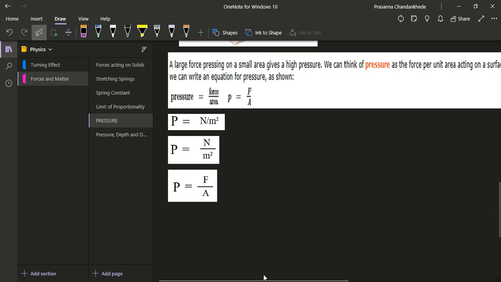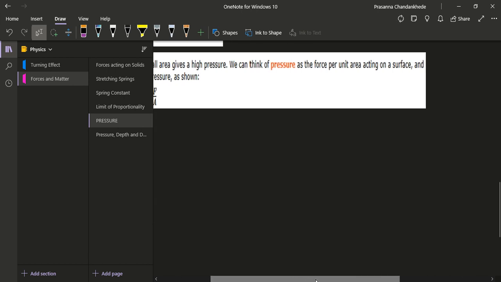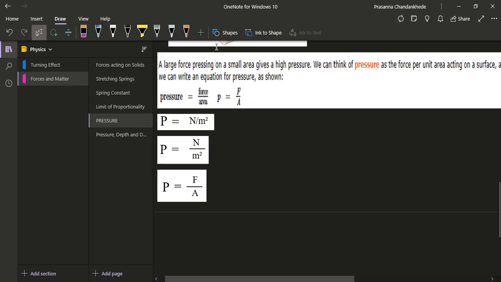We can think of pressure as the force per unit area acting on a surface, and we can write the equation for pressure. As shown, pressure is force over area, which is P equal to F over A. The unit will be N over m squared or N m minus 2.